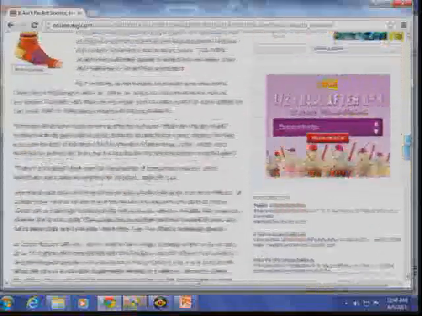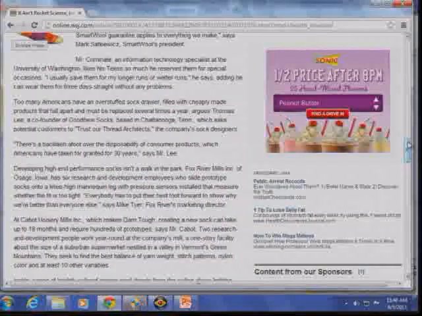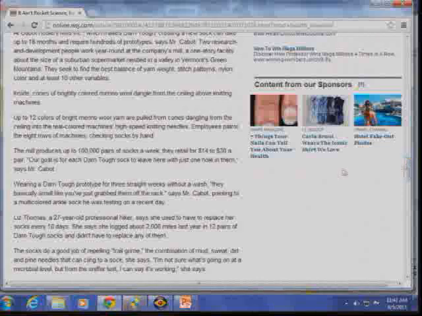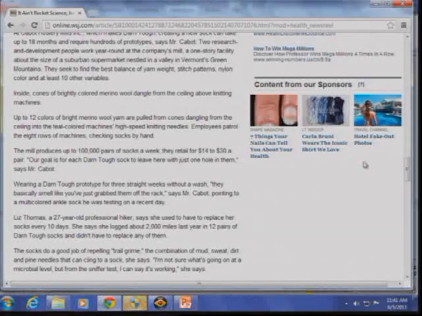Some consumer was bragging that they could wear it for a certain number of days and hike a certain number of miles without washing it, and it still smelled the same. They're bragging that it protects their feet. But they're willing to pay up to $30 for a pair.